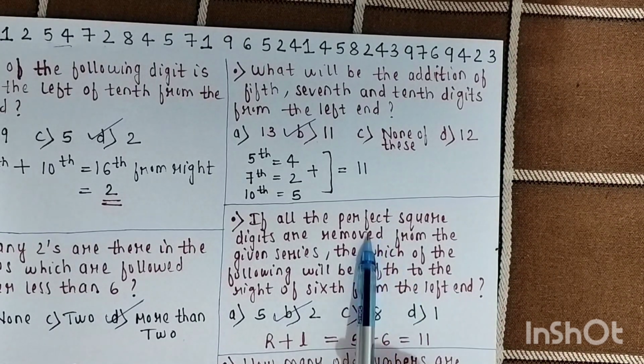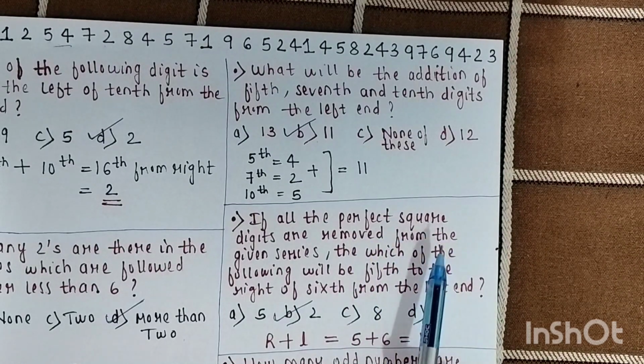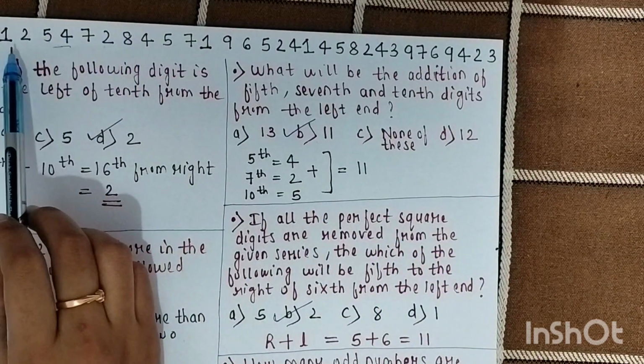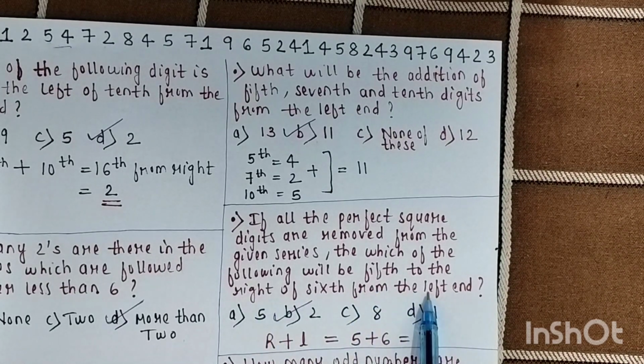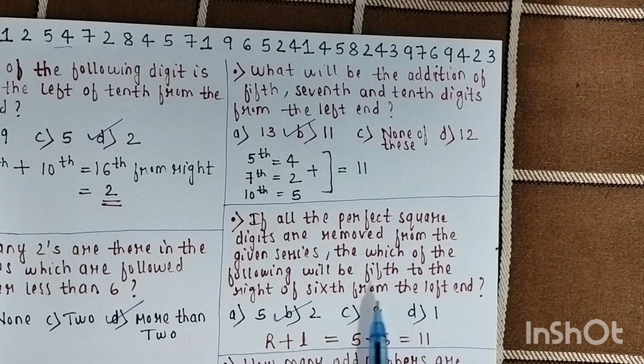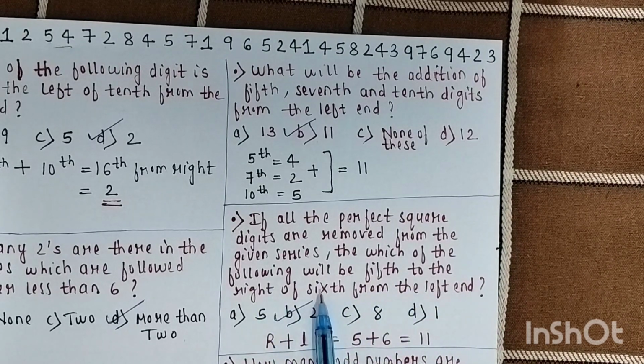So if here perfect squares are removed, in the mind only, while you're solving the question, you need to remove those perfect squares. What is asked here is, right and left is given. So when there is a difference, you need to add. So fifth, 5, plus sixth, 6, is 11.